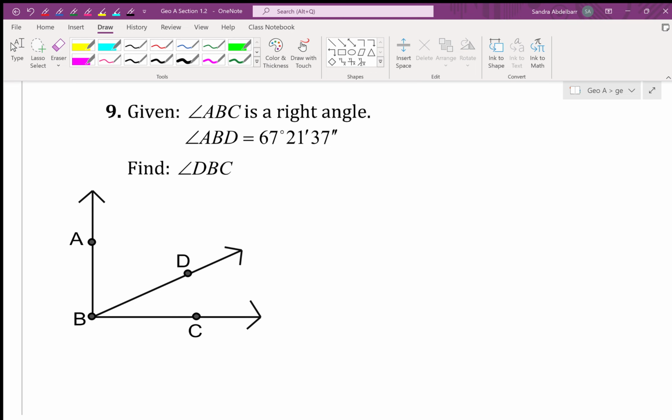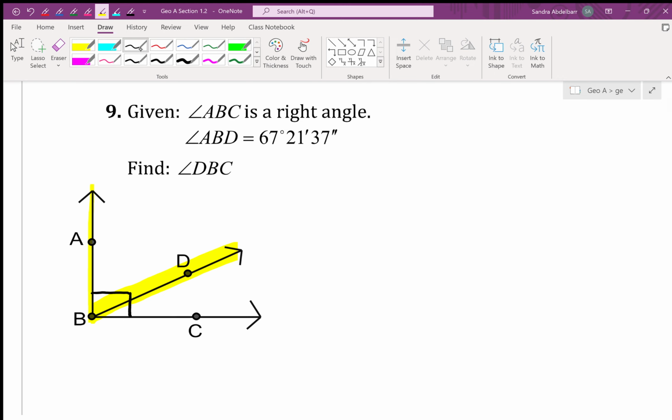So it's telling us angle ABC is a right angle. How do I mark a right angle in a diagram? A little square, you got it. So ABC, there's our angle, is a right angle. Then they're telling us, follow the letters, angle ABD. So you're going from A to B to D. That's that top angle of the 90-degree angle.